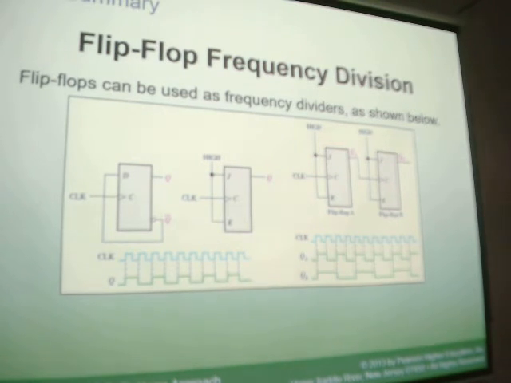So F clock and FQ, what is the relationship between them? F clock equals how many times? 1 over T is 1 over which time? 1 over TQ.